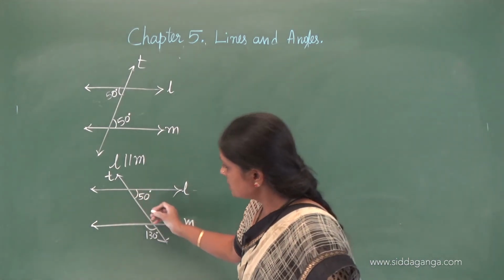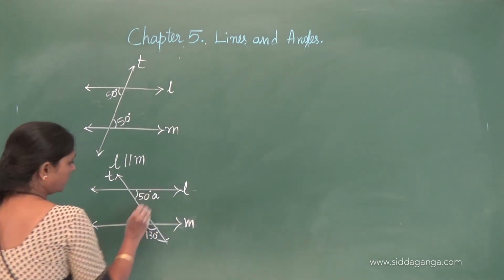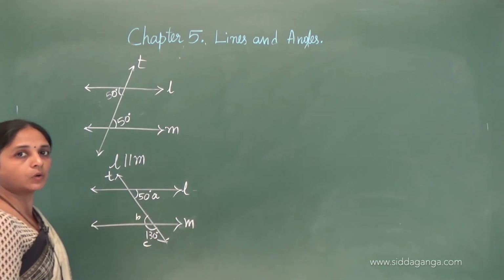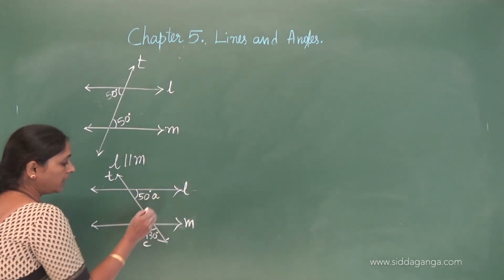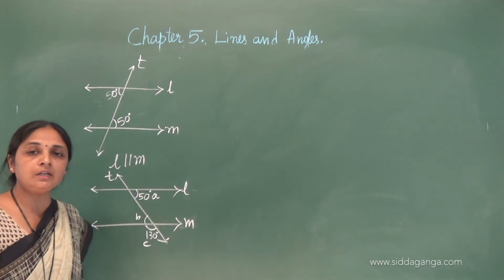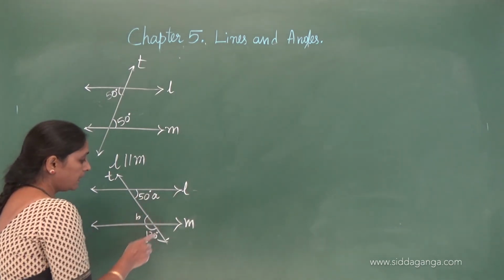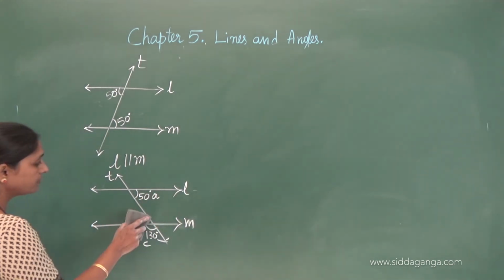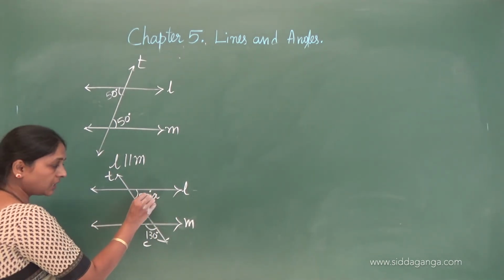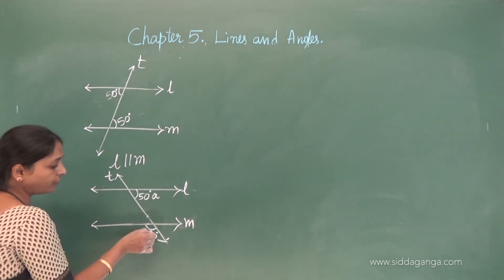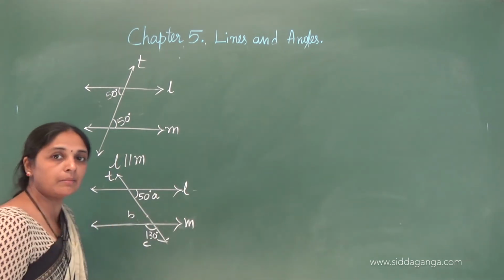Consider this. This is the alternate interior angle for this. If I consider this as A, this as B and this as C, it's very easy to take. Angle A and angle B are alternate interior angles and they are equal in measure. Then how can we say that these are parallel? To say these are equal, we have to find angle B. Angle C and angle B make a linear pair.